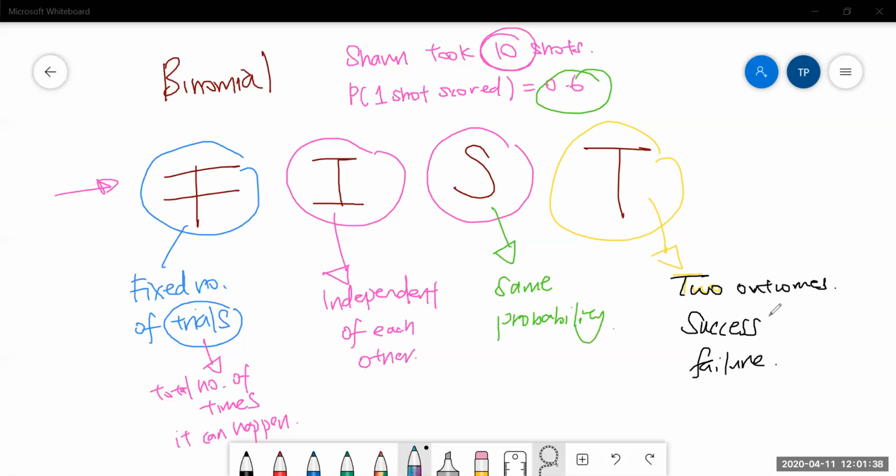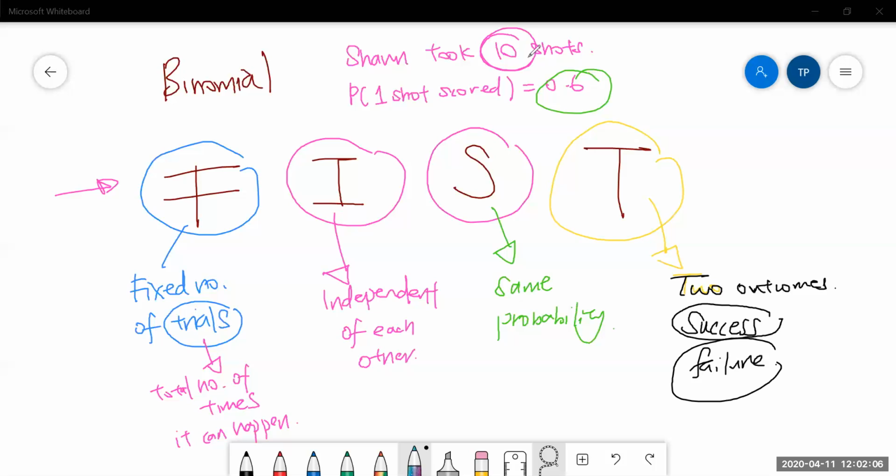It's either he scores a shot or he doesn't score the shot. There cannot be another outcome, like it must either be that he wins or he loses. There cannot be a draw. There cannot be 3 outcomes for it to be a binomial distribution. Like when you go to school, it's either you are late or you are punctual. You cannot add in the probability of you being early, because early means punctual already.